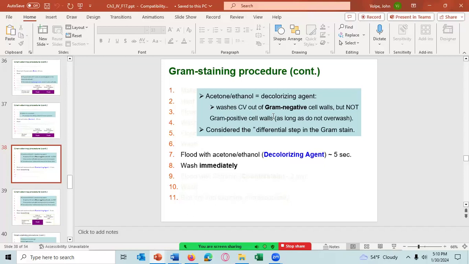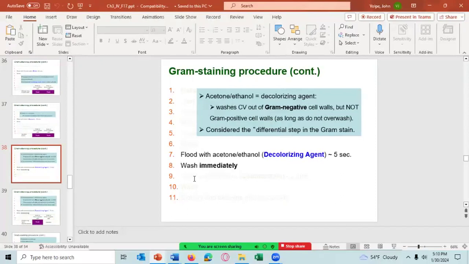If you apply the decolorizing agent for too long, you can wash the crystal violet iodine out of the gram-positive cells. The decolorizing step is considered the differential step in the gram stain, because the gram-negative cells and the gram-positive cells will first stain differently after the decolorizing step.